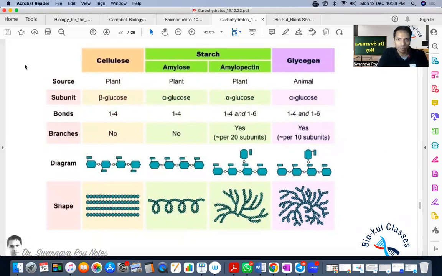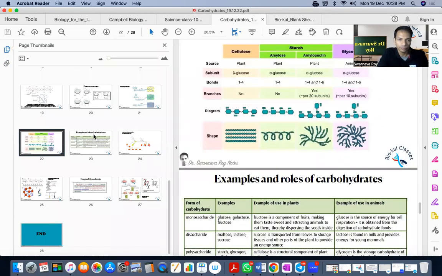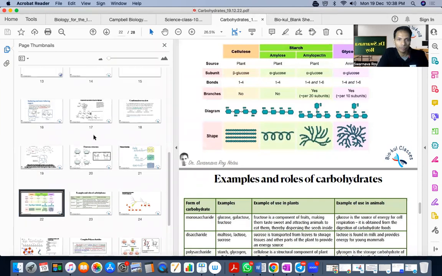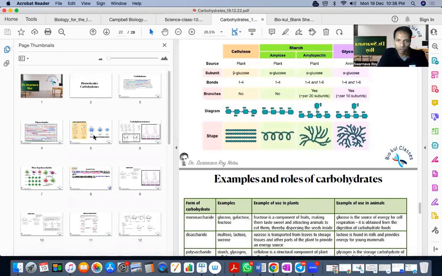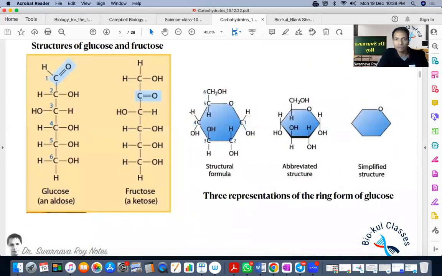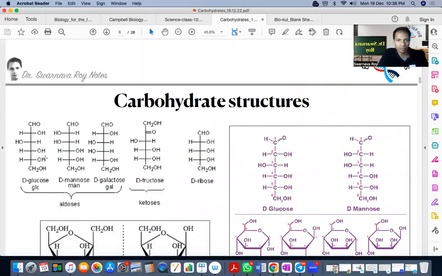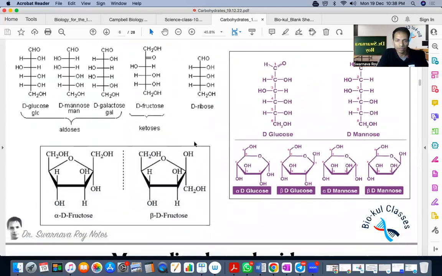All right. So finally, we have learned what's a glucose structure, what's a fructose structure. We have learned the different types of carbohydrates, glucose, galactose.